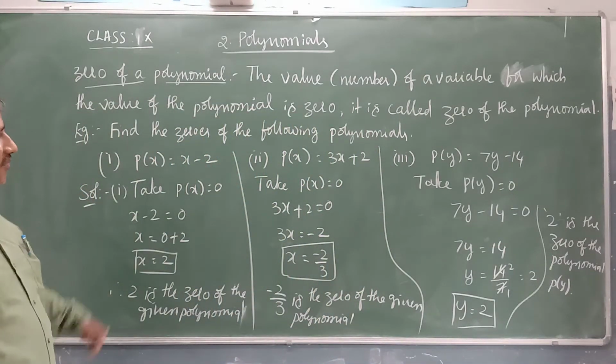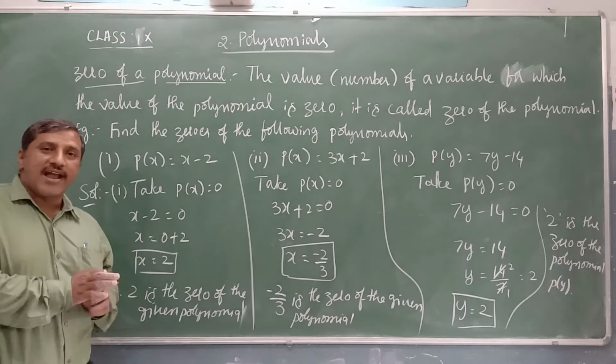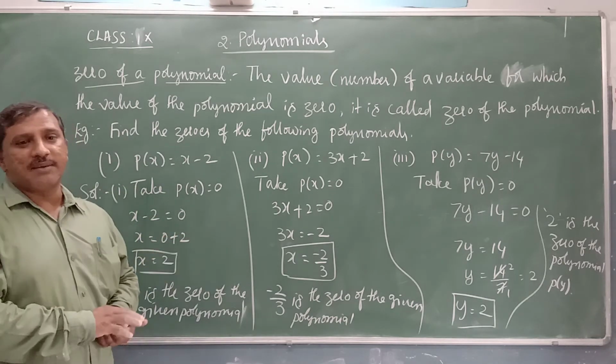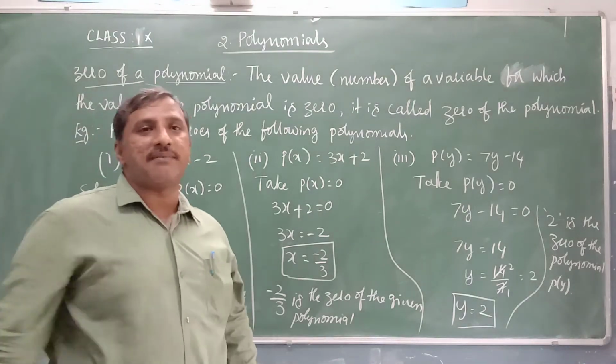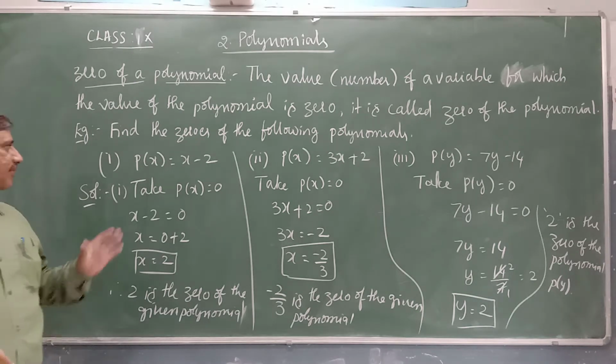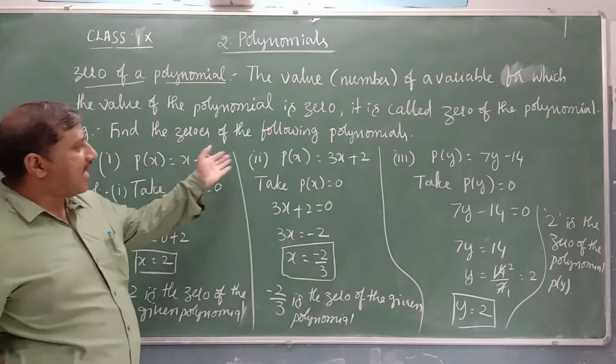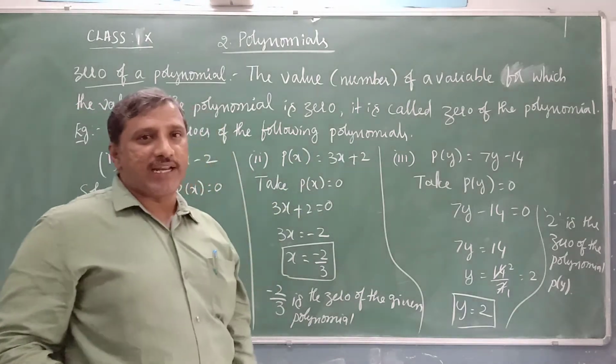Now we will discuss how to find the zeros of a linear polynomial in the simpler manner. You see here, p of x is equal to x minus 2, and 3x plus 2, 7y minus 14 is there.